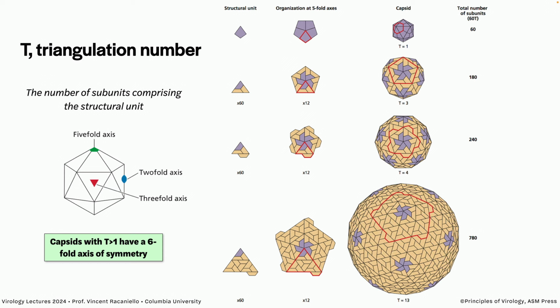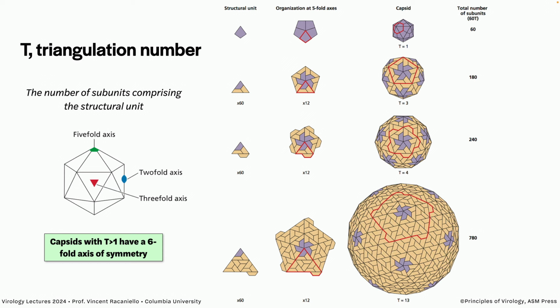So for the T equals 1 that we talked about, the structural unit and the subunit are the same. So there's one subunit per structural unit. That's T equals 1. And you can use the T number to calculate the total number of subunits in a particle. It's T times 60. The next size virus is a T equals 3, where there are 3 subunits per structural unit. And so that has 180 subunits. And then you can have a T equals 4 and a T equals 13.